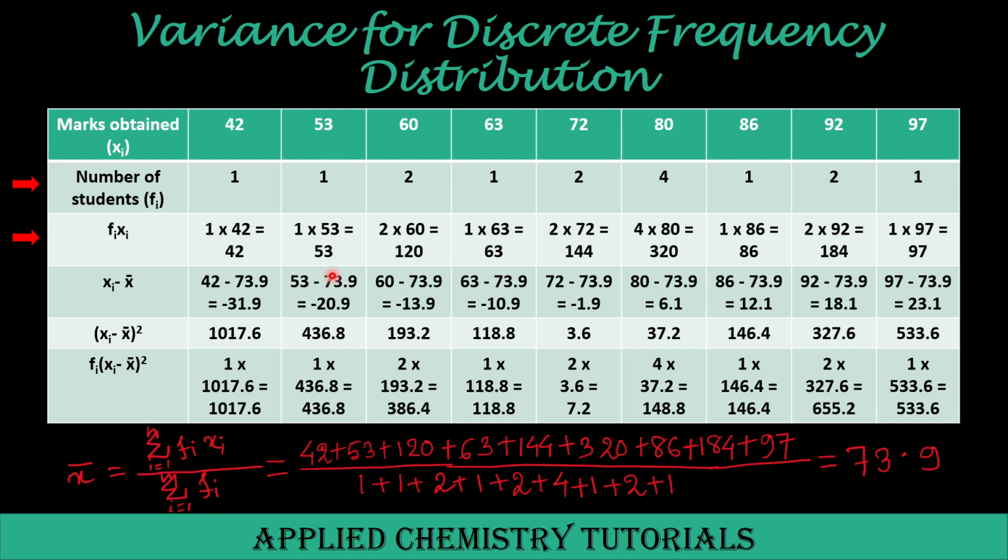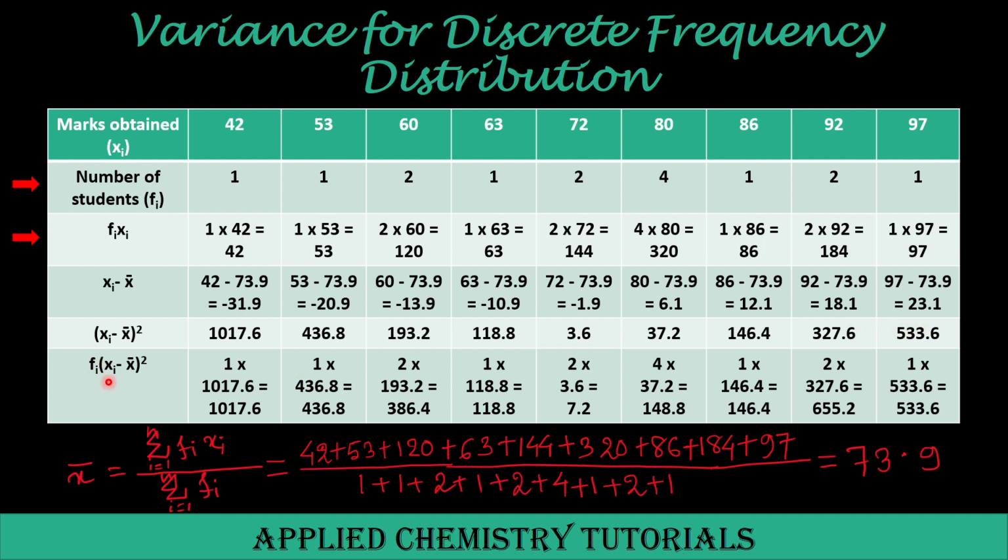Similarly, for this column we have 53 minus 73.9 equals minus 20.9, and so on. Next we need to find the square of this xi minus x bar term. So (xi minus x bar) whole square is minus 31.9 whole square, or 1017.6, and similarly we can calculate this for all the given columns here.